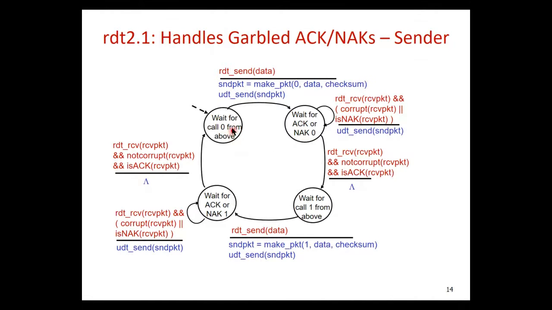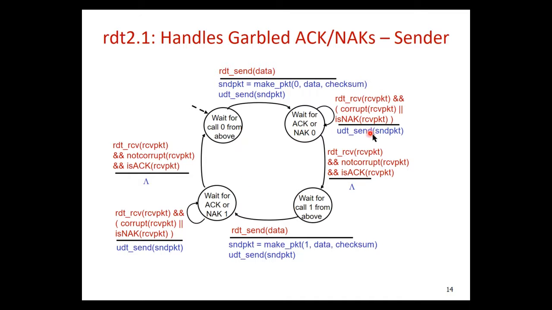In all the states which have a 0, the sender is dealing with packet sequence number 0. In the states which have a 1, it is sequence number 1. Otherwise, the rest is the same. So this one is the mirror image of this one. The only difference is here the sequence number is 1, here the sequence number is 0, and the rest is the same.